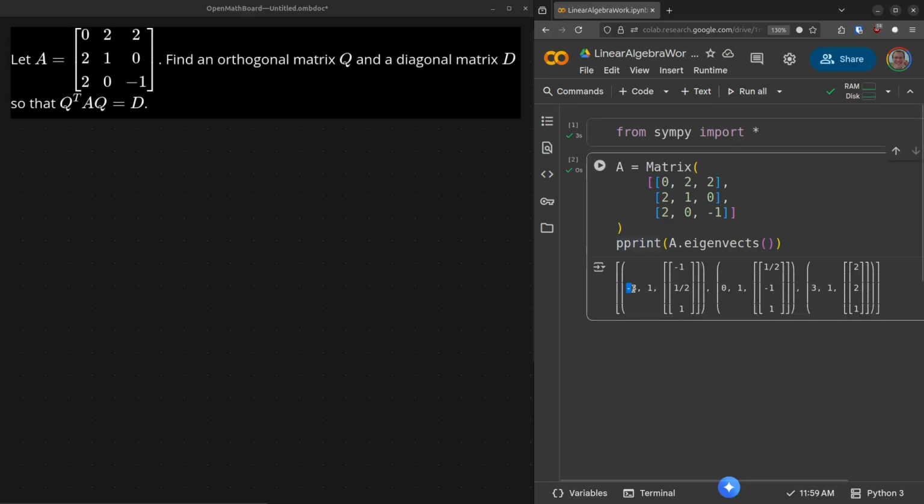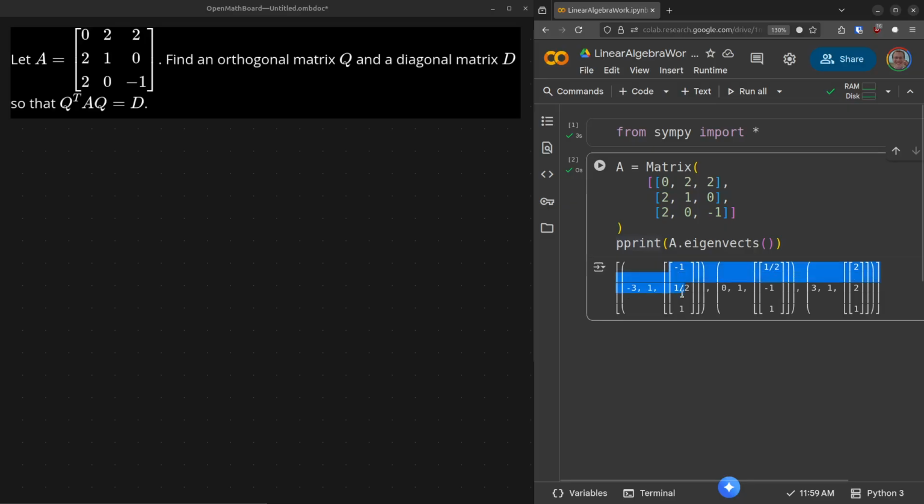So the first number, remember, of each one of these sets is an eigenvalue of matrix A. The next number just tells you the multiplicity, how many times it occurs. Okay. So each one of these says that in the characteristic equation, it would only occur once.